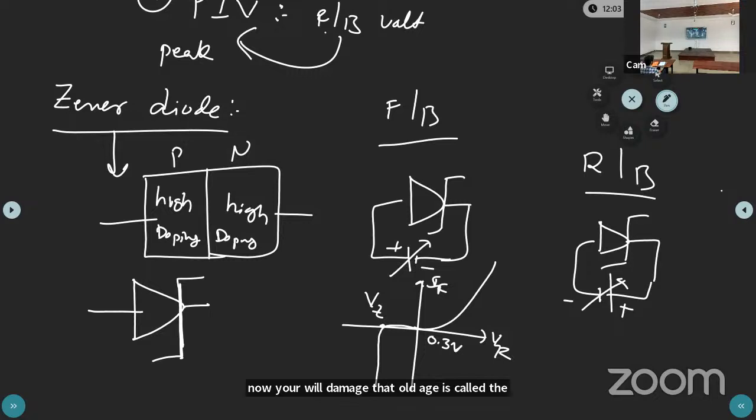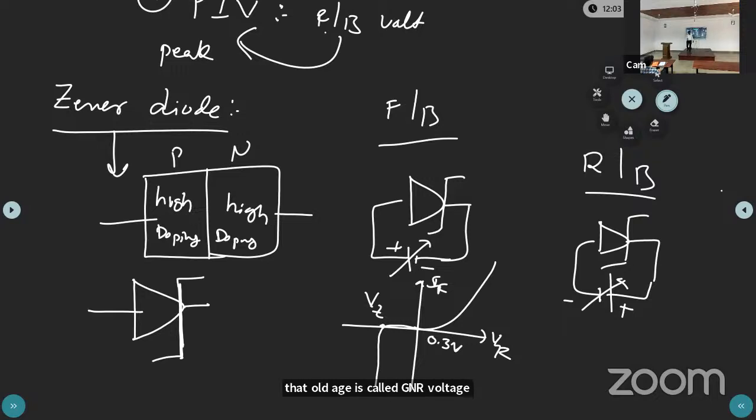Now in the same way, up to a certain voltage, the GNR diode opposes or stops the flow of electrons. For example, up to this point, the diode is not allowing the flow of current, the flow of electrons. After this point, the diode is allowing the current, that is the electrons, but without damage. That voltage is called the GNR voltage.